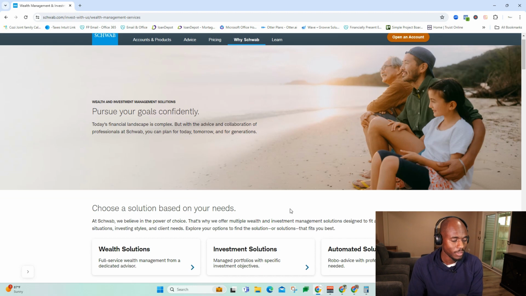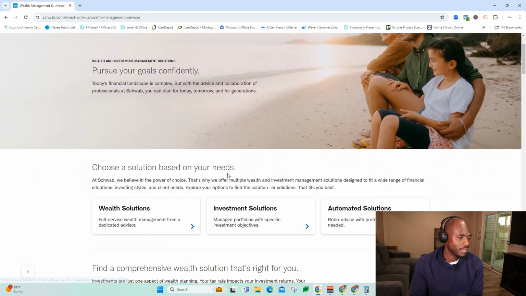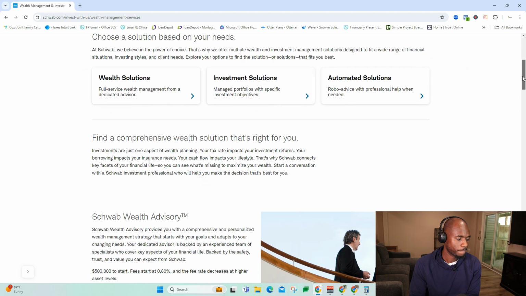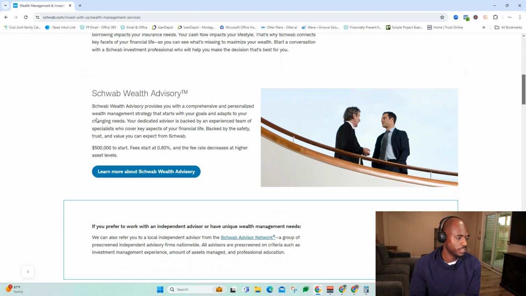So with the completely kick your feet up method, it starts off with $500,000, okay? The investment fee, this is through Schwab Wealth Advisory. So what you'll notice is that the fee starts at 0.8%. And if you did the math, if you're only managing $500,000, you're really talking about $4,000 a year.